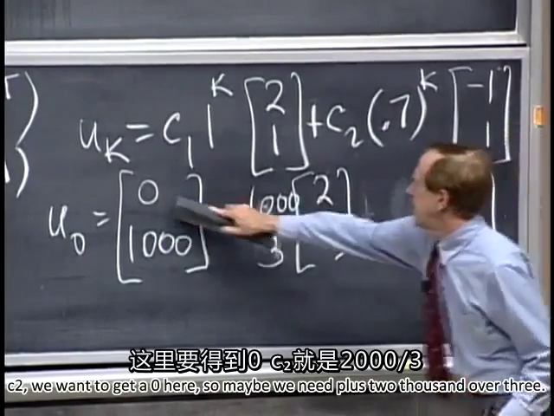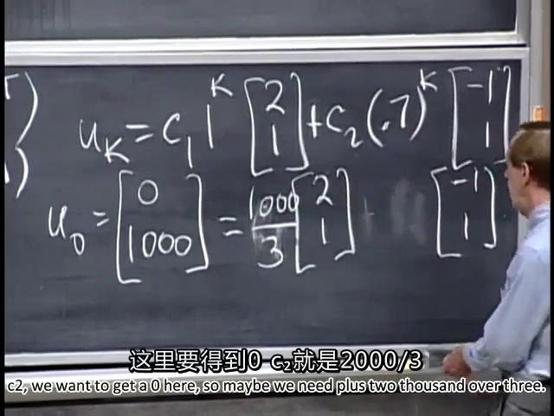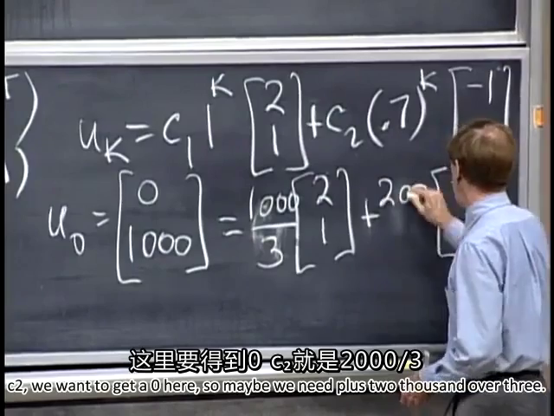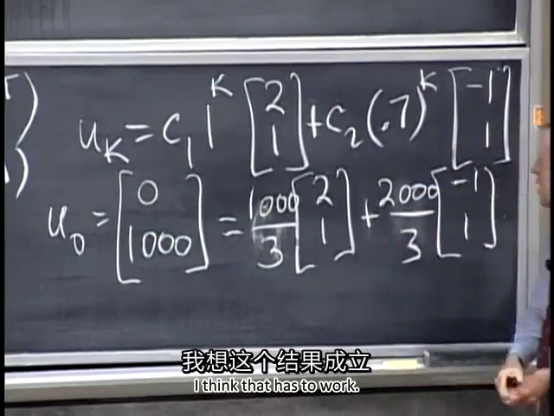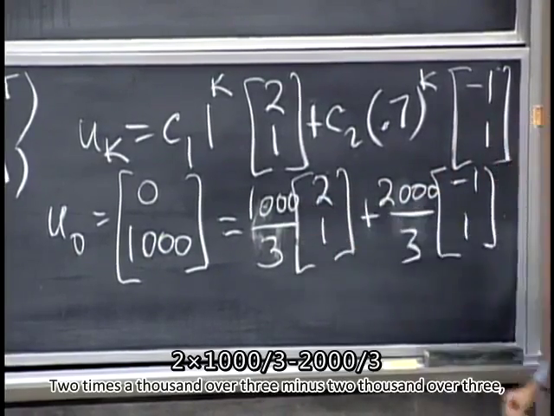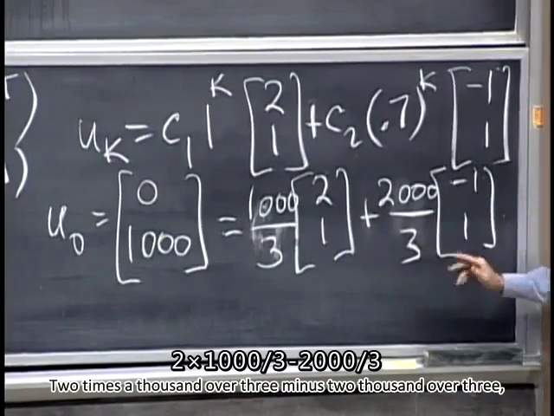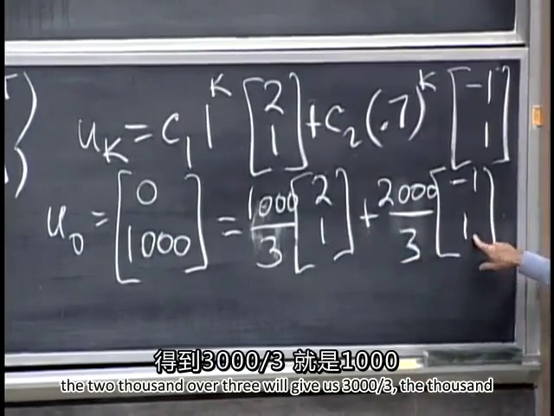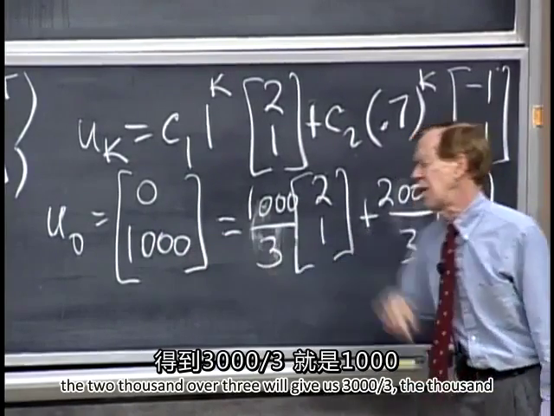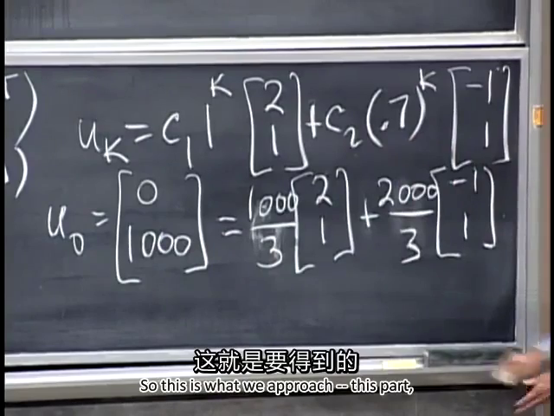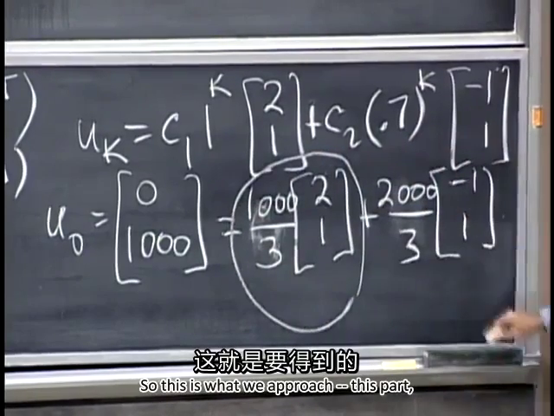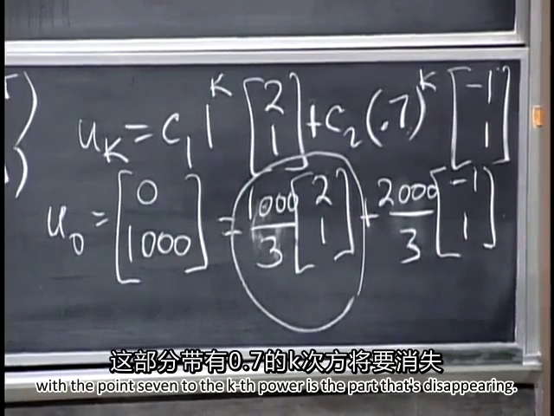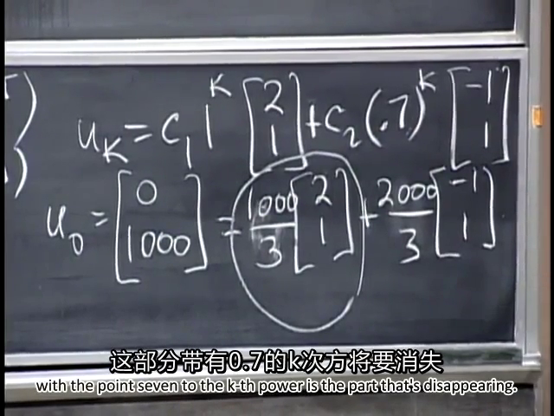For c2, we want to get a 0 here. So maybe we need plus 2,000 over 3. I think that has to work. 2 times 1,000 over 3 minus 2,000 over 3 will give us the 0. And the 1,000 over 3 and the 2,000 over 3 will give us 3,000 over 3, the 1,000. So this is what we approach, with the 0.7 to the kth power being the part that's disappearing.